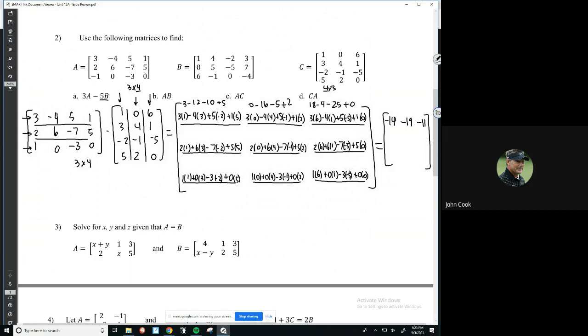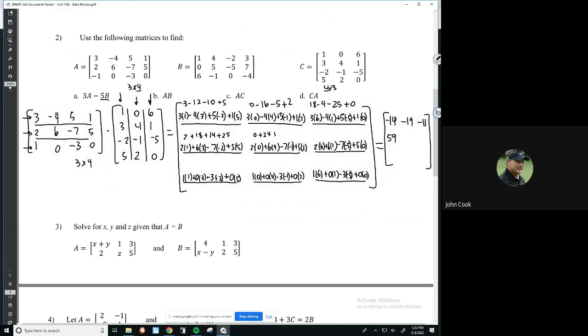And then we've got 2 plus 18 plus 14, and then plus 25. That's a big number. Let's see what we've got. 2 and 18 is 20. 20 and 25 is 45. 45 and 14 is 59. So I think that's 59. And 0 and 24 and 7 and 10.